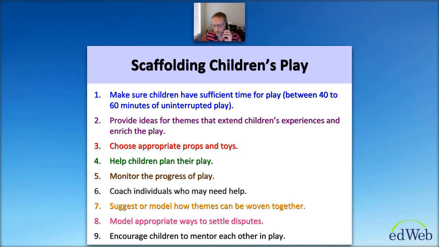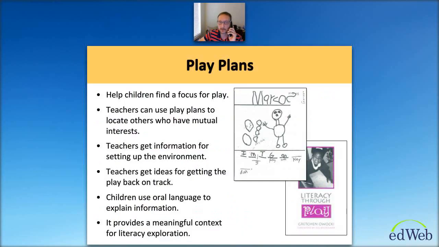But we can help children plan their play, monitor and coach them as they go through, and think about, again, entering in and helping them when it's not going the way it should.